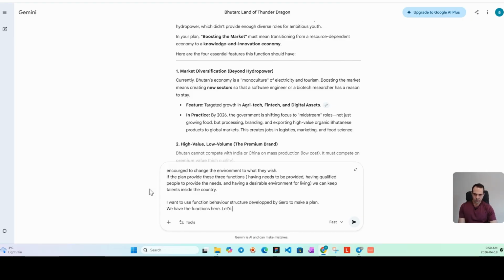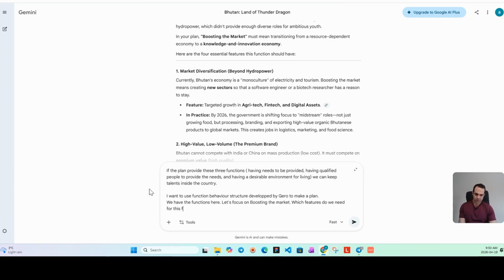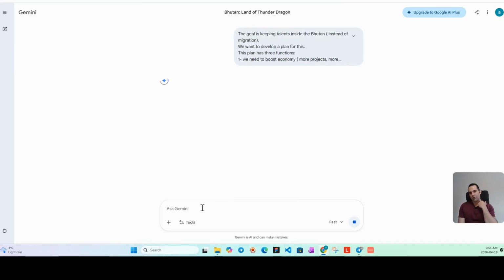Let's focus on boosting the market. Which features do we need for this function? Which behavior? I'll talk about it. I mean, just let me see whether it works or not.